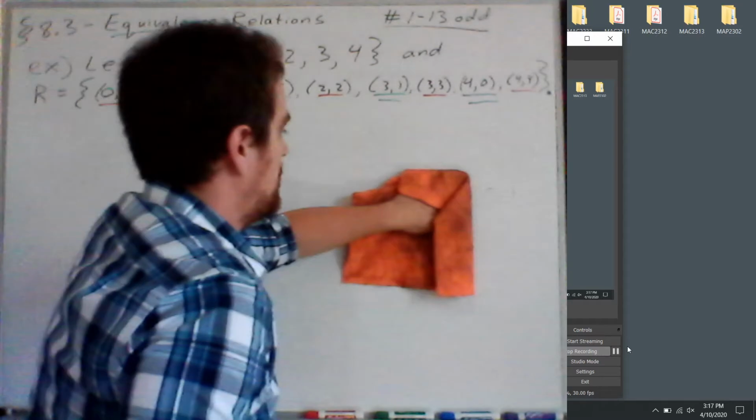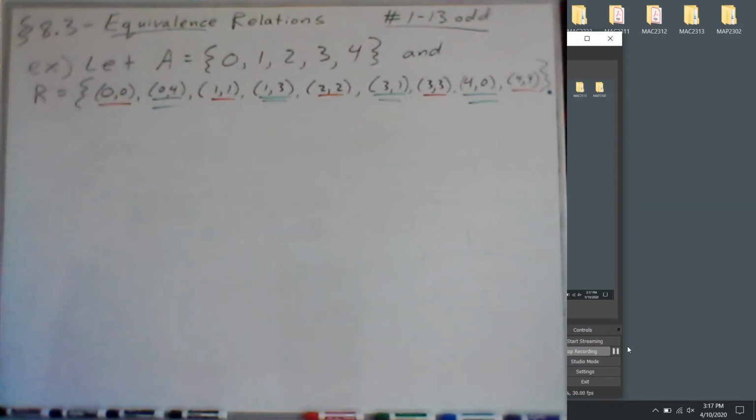So let's reuse this exercise. First, we showed it was an equivalence relation.